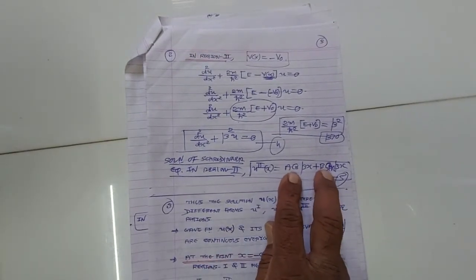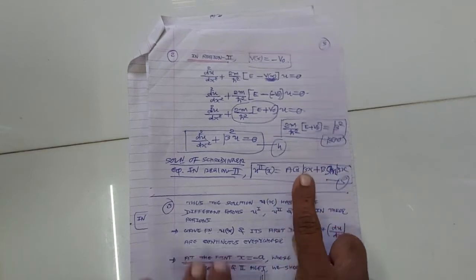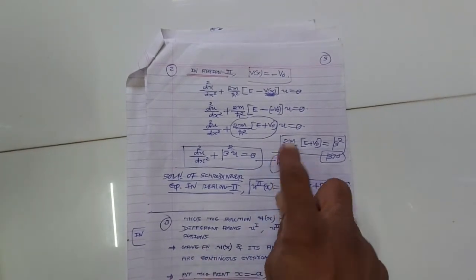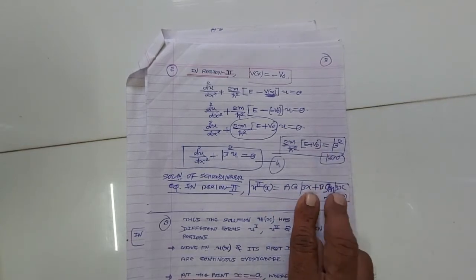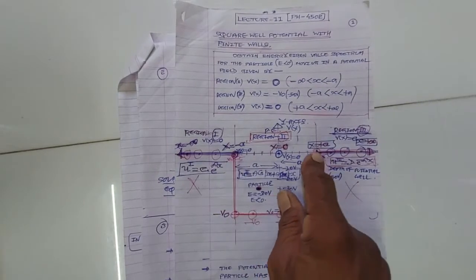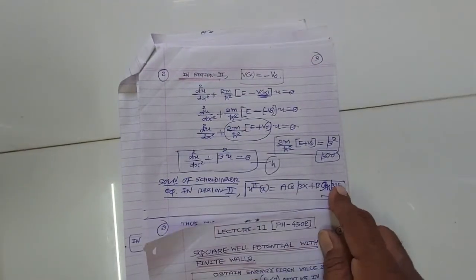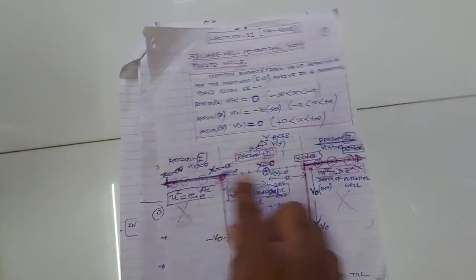A and B are unknown constants, right? Beta is a known constant defined by the square root of 2m/ħ² (E + V0). And for region 2, the value of x is from −a to +a.